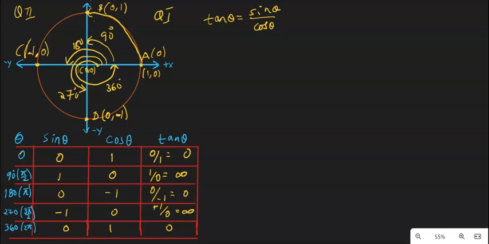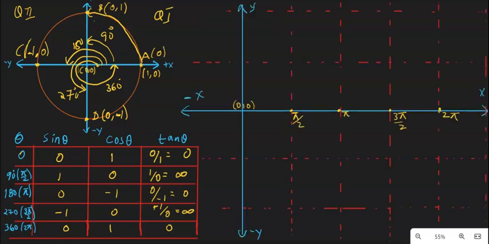Alright, let's unpack this into the Cartesian coordinate system, which is the xy axis with origin 0, 0. Let's transfer the values on the unit circle into this xy Cartesian system.